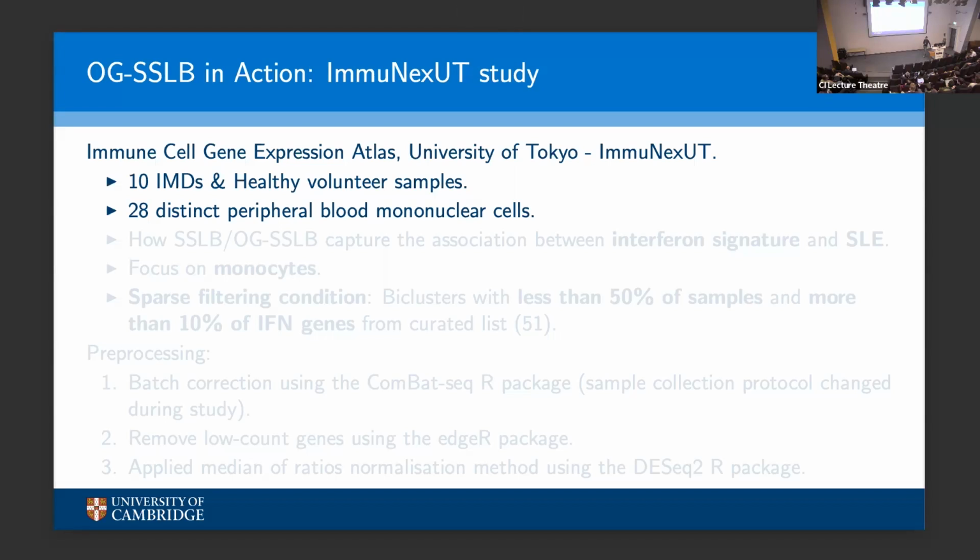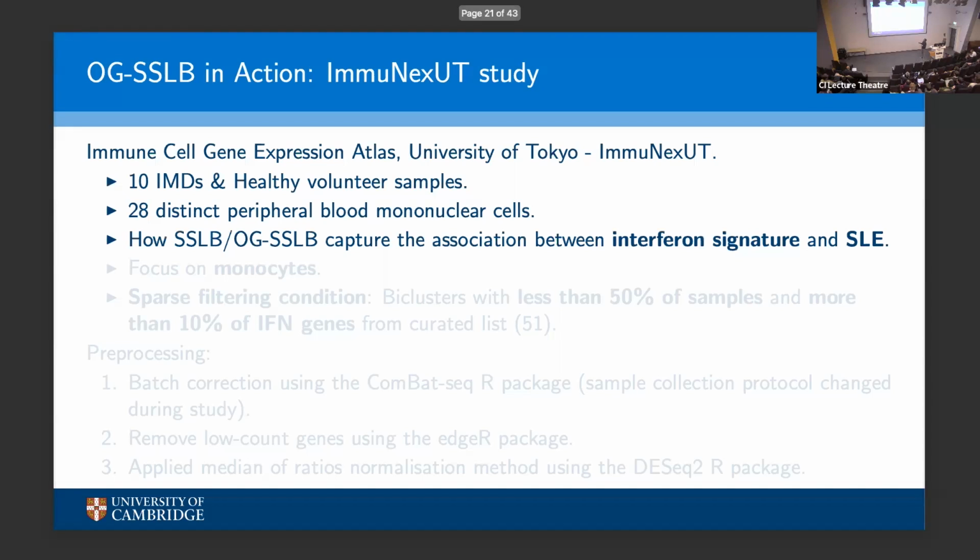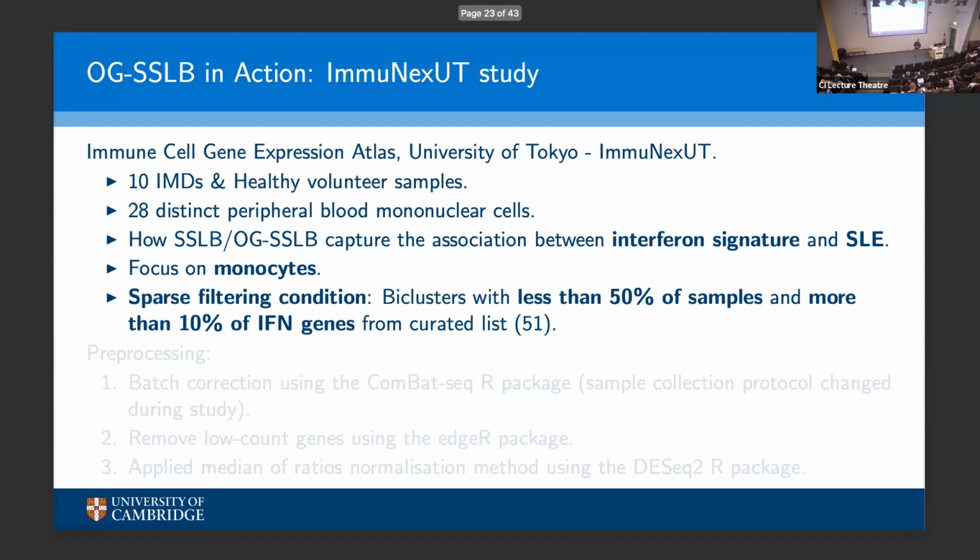And to center our analysis in a very well-studied relationship, we just studied how SSLV and OGSSLV were able to capture the association between interferon signatures and SLE, a very well-studied relation between these signature genes and this disease. Among all the cell types that this dataset has, we'll just focus on monocytes. We are also going to impose something that we call the sparse filtering condition.